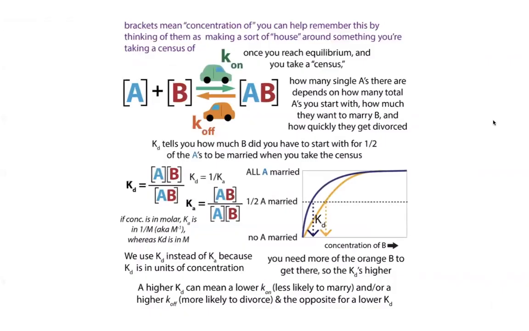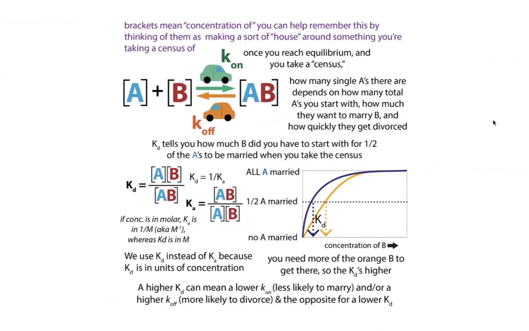So bottom line, KD is a measure of the binding strength, but it's actually an inverse of your binding affinity constant. This means that a lower KD is going to mean a stronger interaction, and a higher KD is going to be a weaker interaction. The strength of the interaction is going to depend on both K on, kind of like your probability of binding, and your K off, or your probability of unbinding.